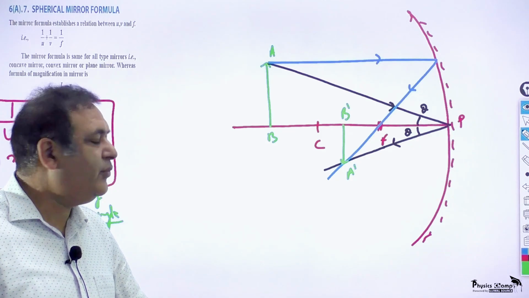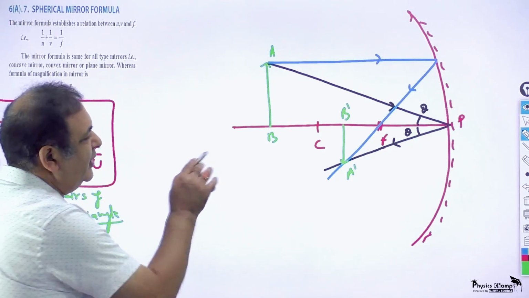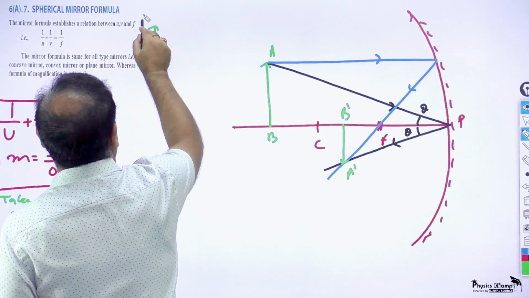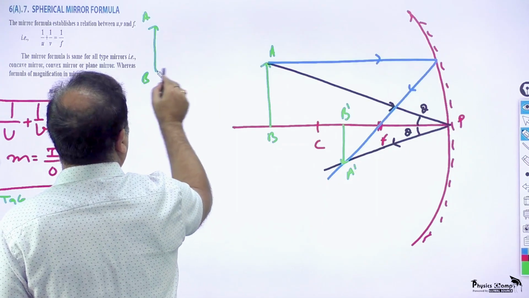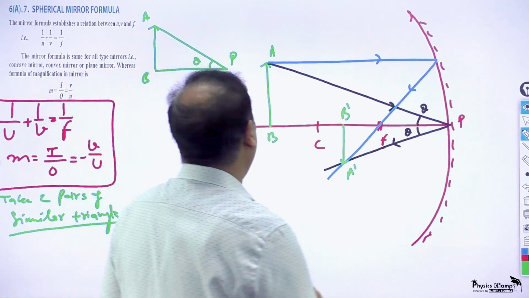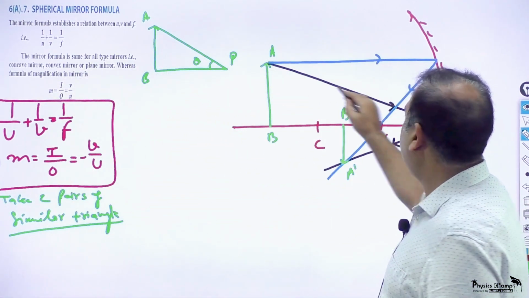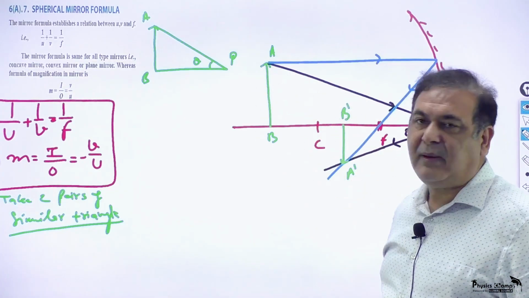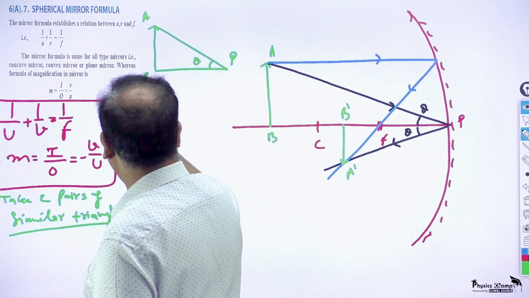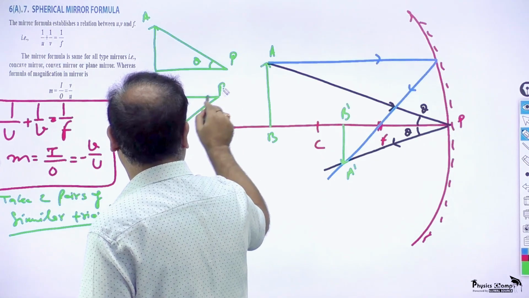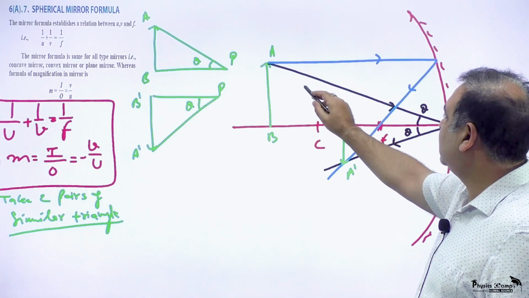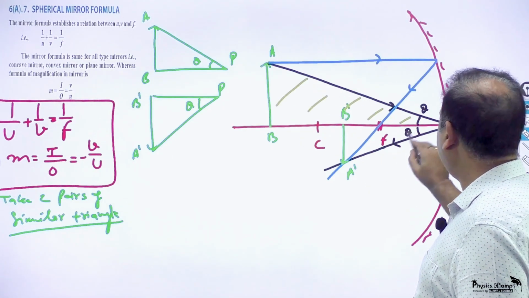The first pair of similar triangle, if you can see in this figure, is A, B and P. It is making an angle theta. A, B, P. It is making an angle theta. Second is A dash, B dash, P, it is also making an angle theta. So this is one pair of similar triangle over here as well as here.